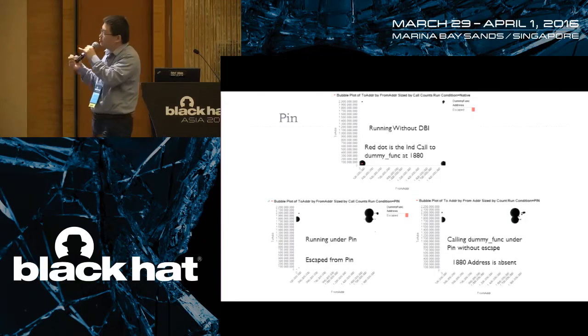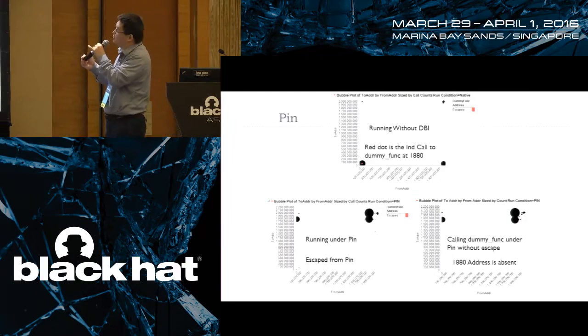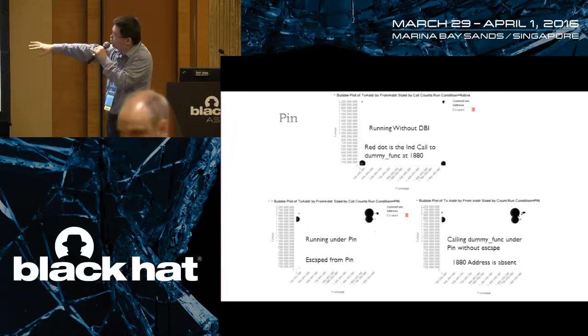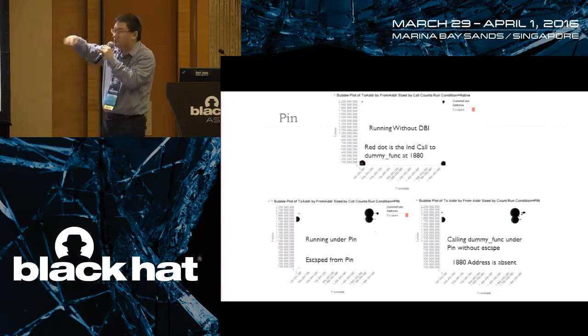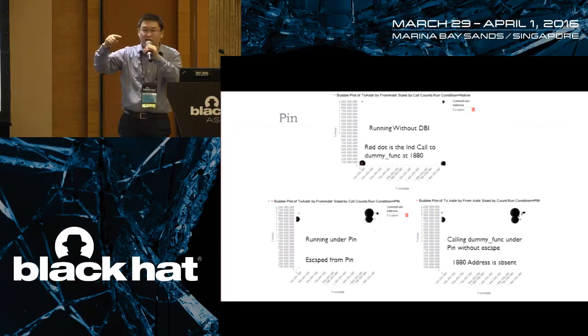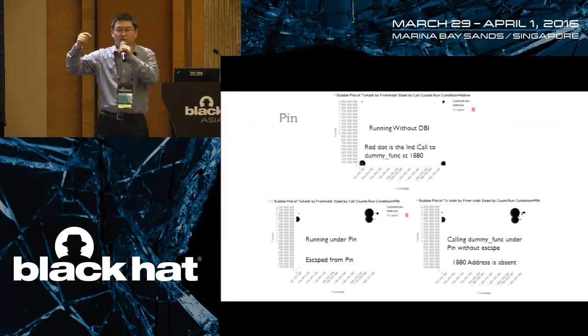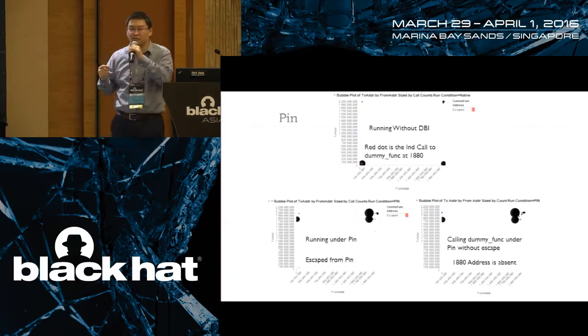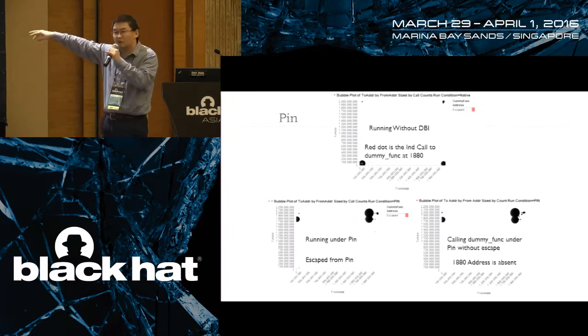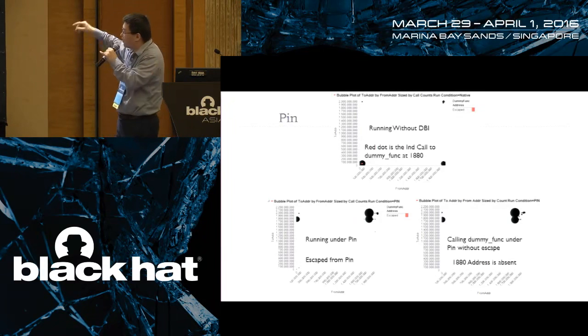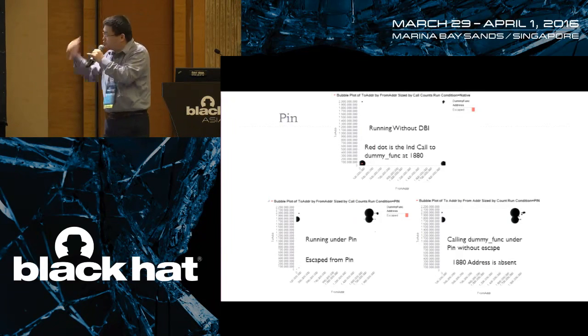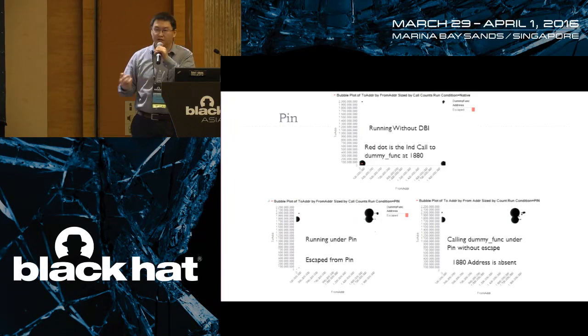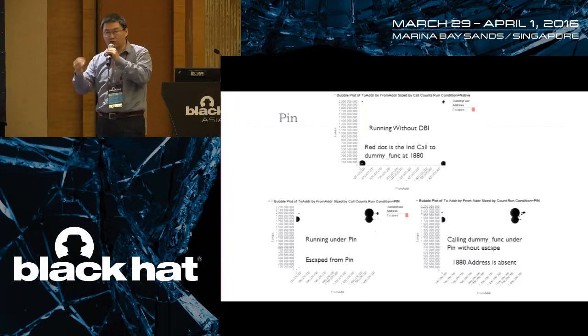But if you run Pin with the DBI, then you can see the left side. The code moves up a lot, because the code really running is not your original code. It's the code in the code cache. So the memory layout changes a little bit, right? And also, if you do the escape, then of course you can call into the original code directly.